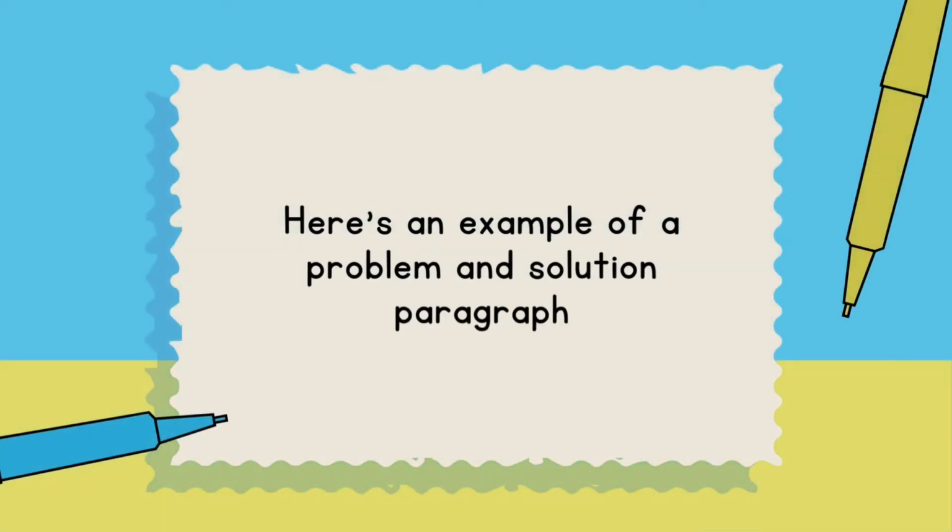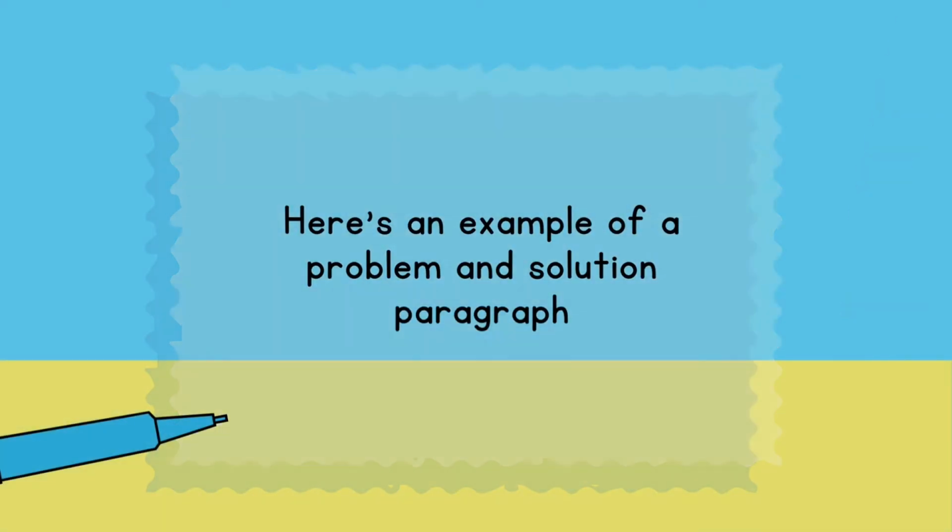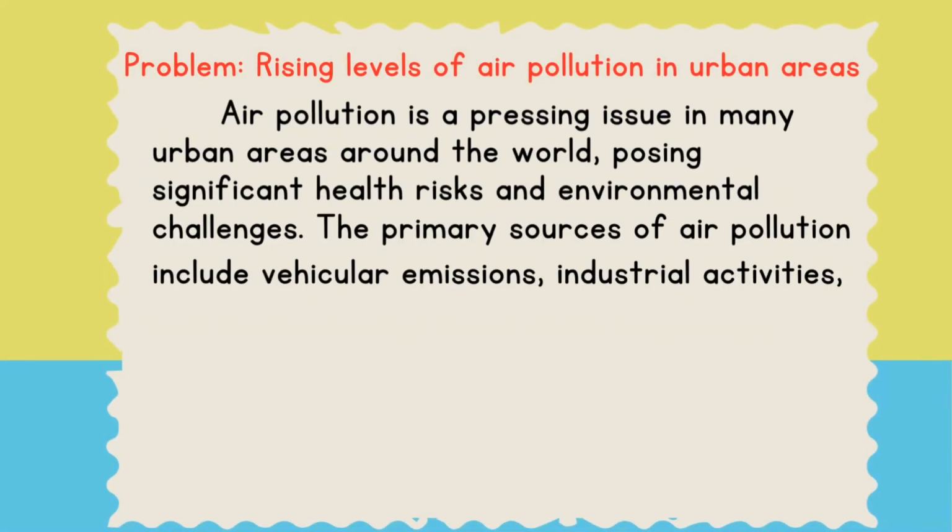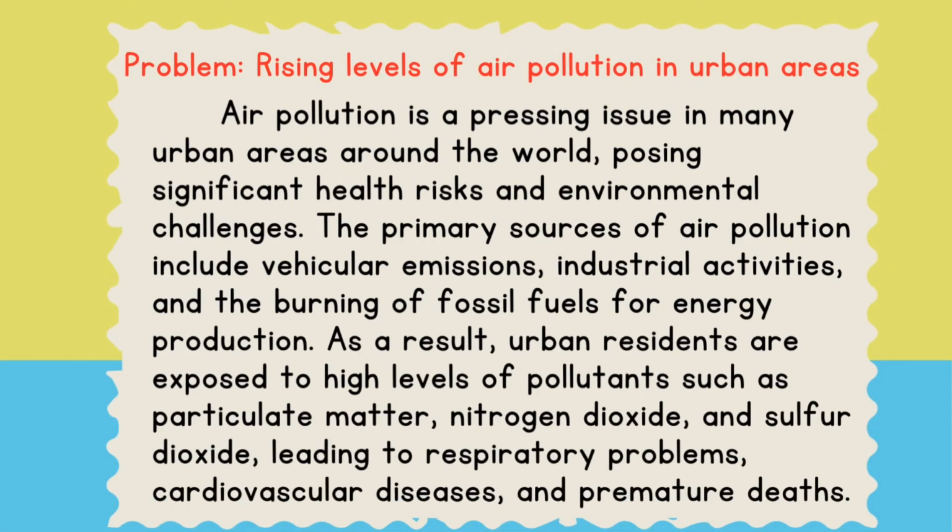All right, so here is an example of a problem and solution paragraph. The problem is the rising levels of air pollution in urban areas. So let me quickly read it to you. Air pollution is a pressing issue in many urban areas around the world, posing significant health risks and environmental challenges.